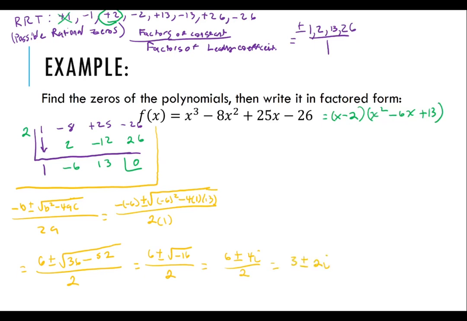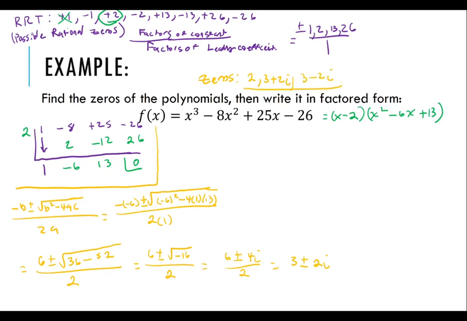So now I know that all of my zeros, all of them, rationals and complex, and irrationals, are 2, 3 plus 2i, and 3 minus 2i.